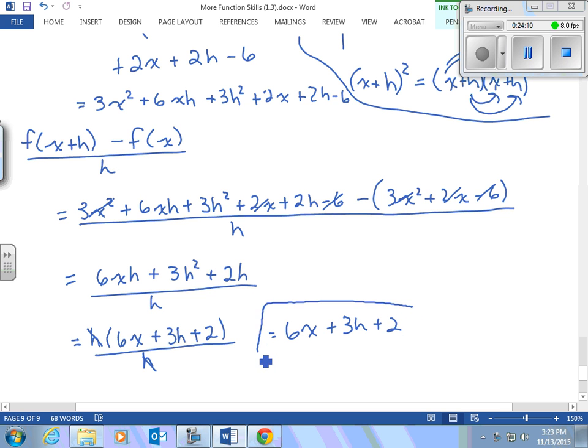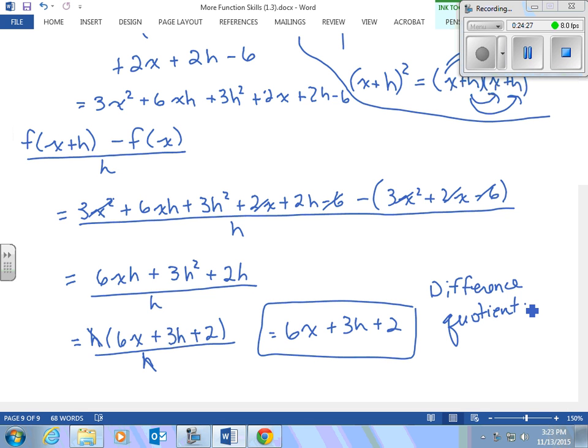And that is my difference quotient. They usually will simplify to something much simpler than it seems like it's going to be from our middle step there. Okay, and that's it for today's lesson.